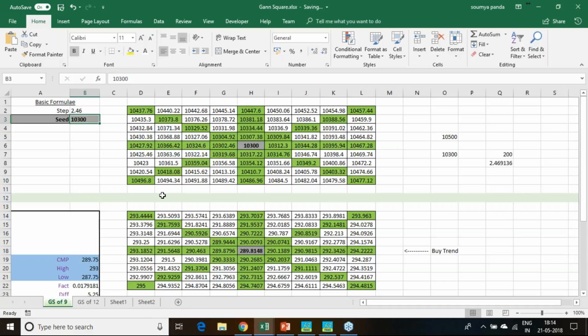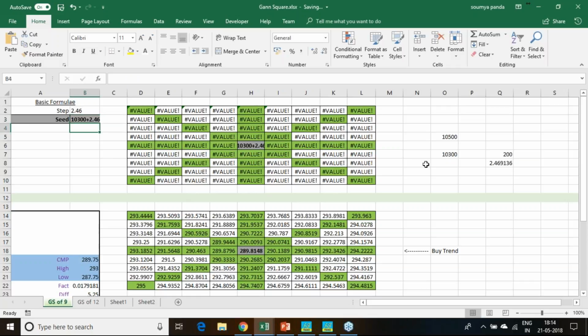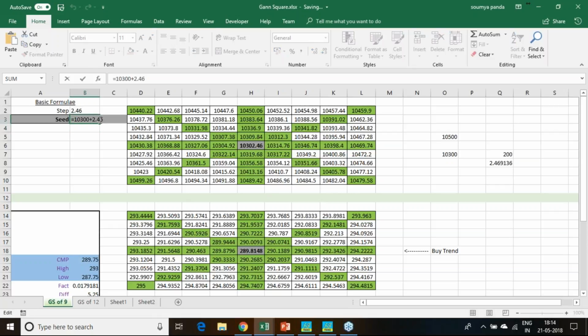We can come close to that level, or the seed number should be the low plus 2.46. This is also known as your forward Gann square of 9. By this process you can land, or you can make it 2.47.